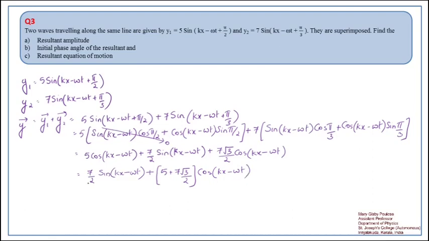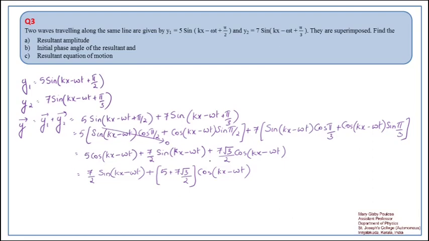Now what I am going to do is substitute 7/2 as A cos φ and 5 + 7 root 3/2 as A sin φ.